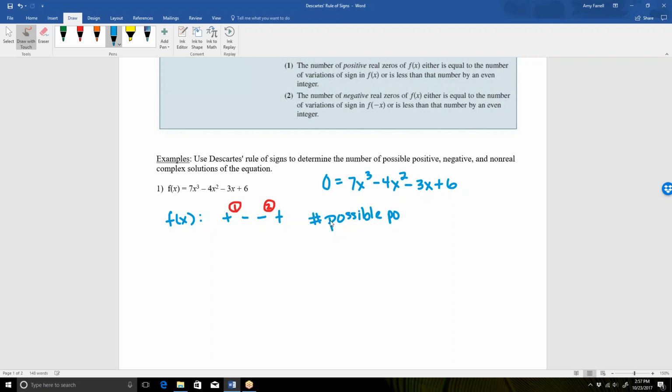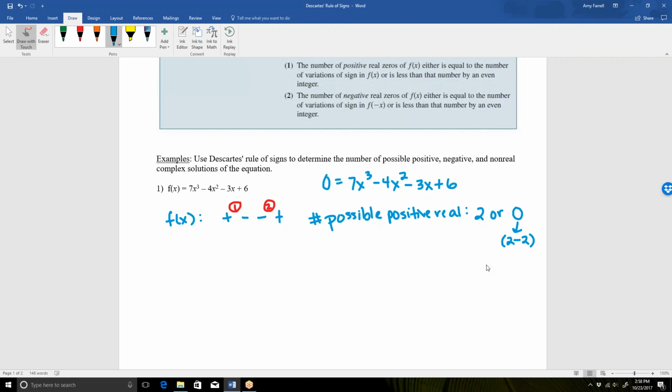So the number of possible positive real zeros would be 2, or it's less than that number by an even integer. So our other possibility would be none, and I'm getting that by taking the number I got, which was 2, and subtracting even integers. 2 minus 2 is 0.